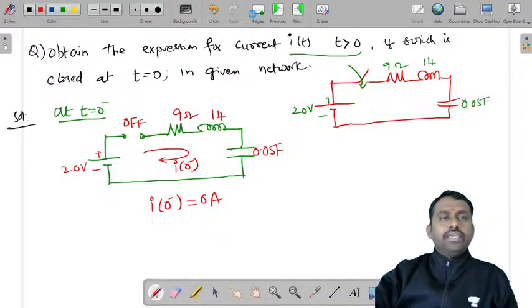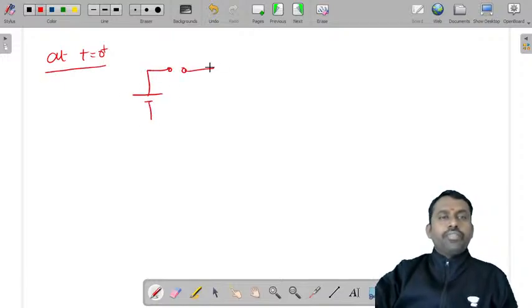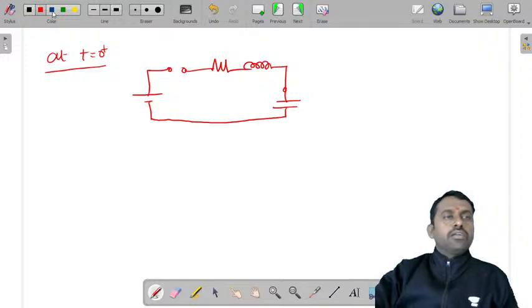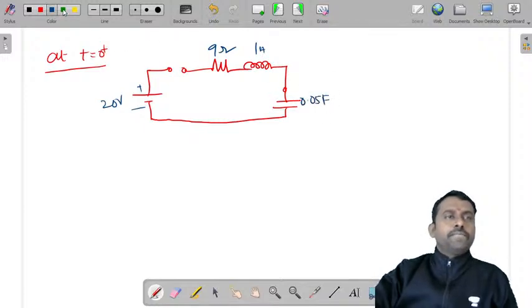Now let us consider t is equal to 0 plus. So when t is equal to 0 plus, the switch is on. There is a resistor, inductor and a capacitor. Now this value is 20 volts, 9 ohms, 1 Henry, 0.05 farads.